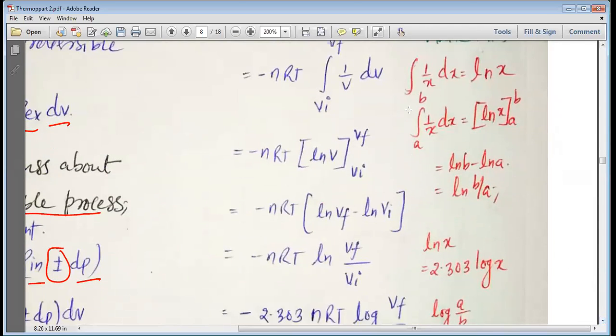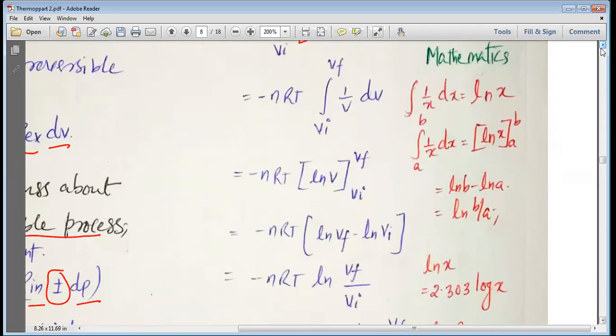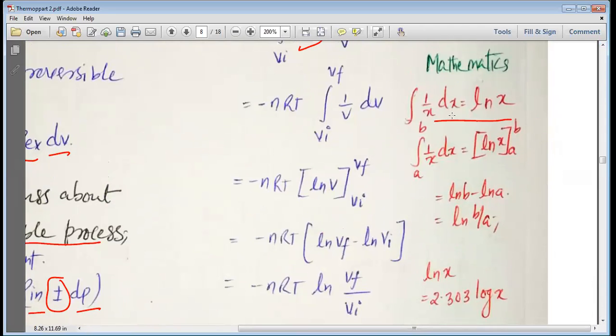Now, my dear students, some of the mathematical forms we need to remember and learn. So here I have written that integration of 1 upon x dx is equal to ln x. In the same way, integration of 1 upon x dx from a to b is equal to ln x from a to b. This ln x from a to b represents the value of x to be put first as b and then the second time as a.